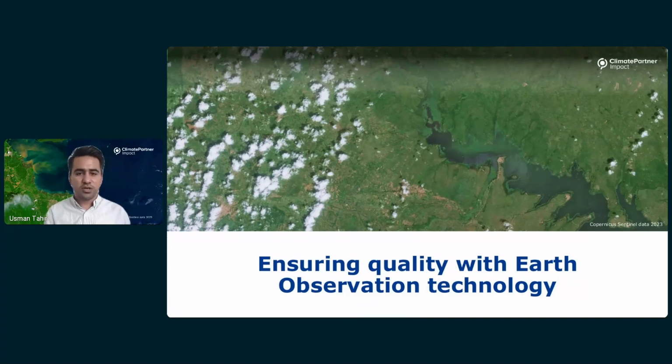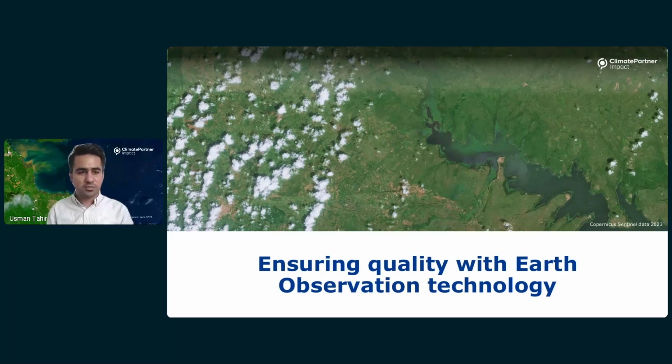We will explore how Earth observation technology is helping us to ensure high quality projects. We will cover the concept of due diligence that Alina talked about, and we'll talk about how it helps us in the successful implementation of our projects.